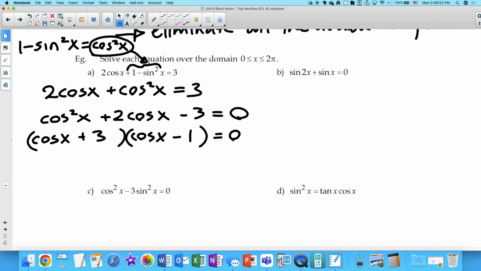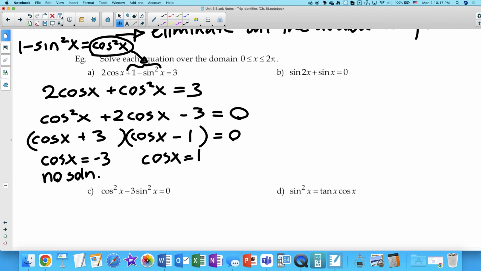Okay? So from the first factor, we would have that cosine x equals negative 3. Okay? So there's no solution here. Because cosine is between negative 1 and 1. So this gives us no solution. But here we're going to get that cosine x equals 1.